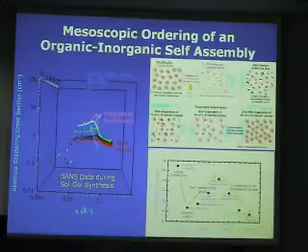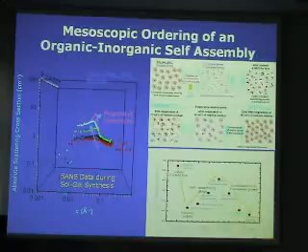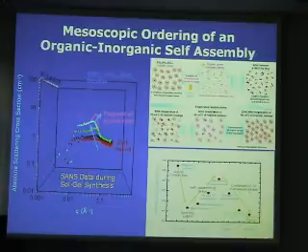Based on this data, we can propose this kind of schematic model for the self-assembling procedure. As you can see, we have a very nice micelle in the organic solution, and then just after mixing with the inorganic solution, this micellar order disappears, and we have an isotropic state, an organic and inorganic mixture.